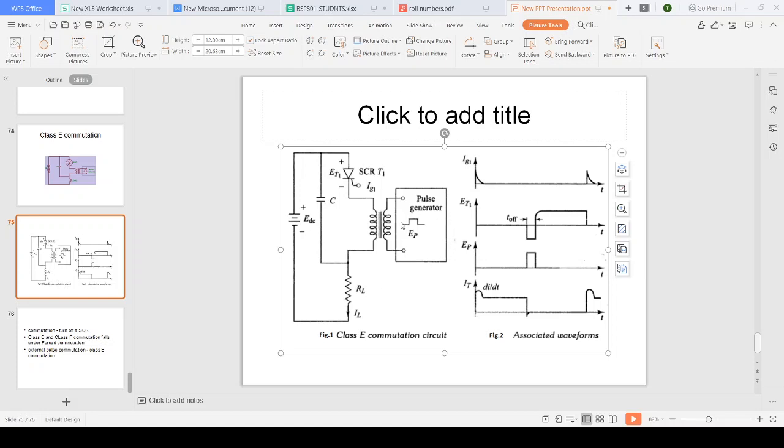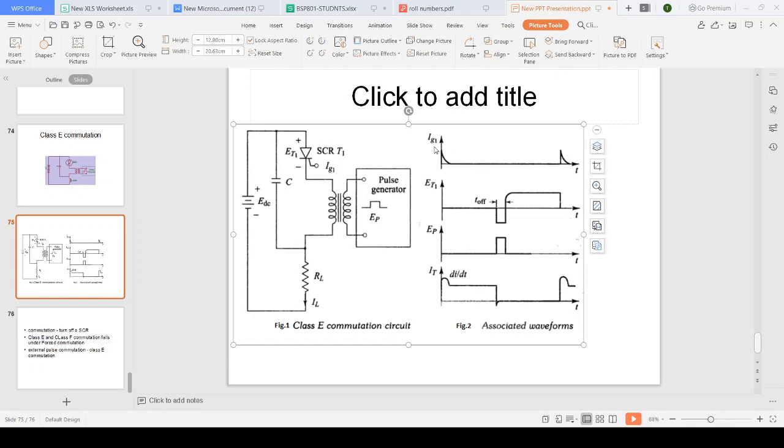This is the pulse generator, and it will generate a square wave type of signal. This is a pulse transformer, and as you can observe in this diagram, we can turn off a SCR by using this arrangement.